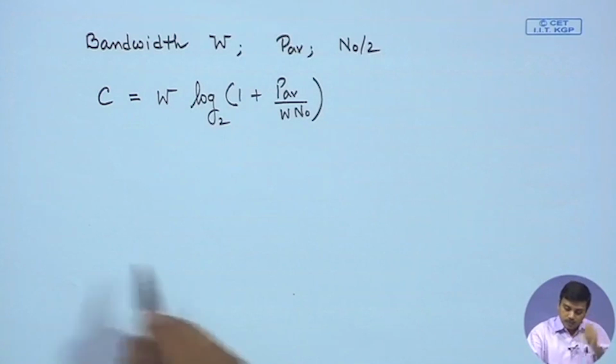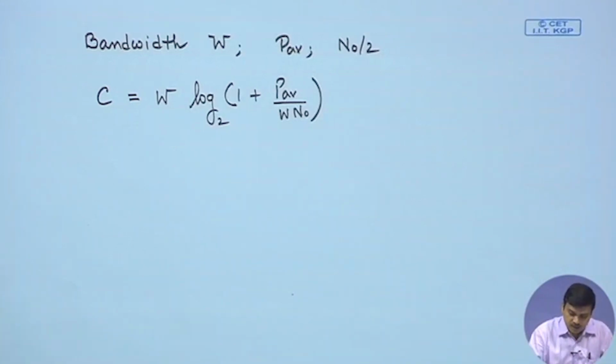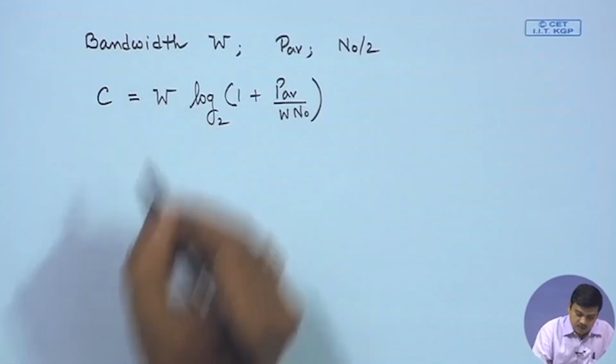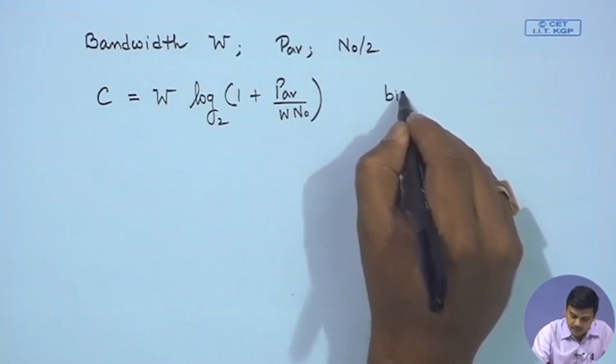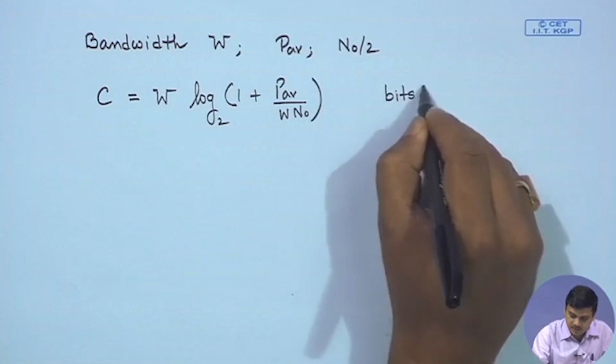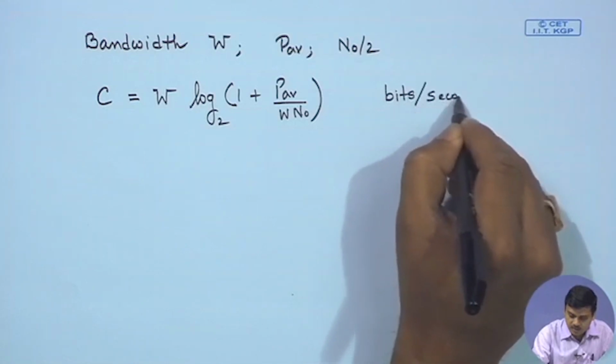From this expression, the first thing we can see is that the capacity in this form is in bits per second.